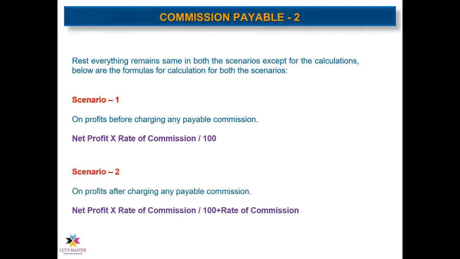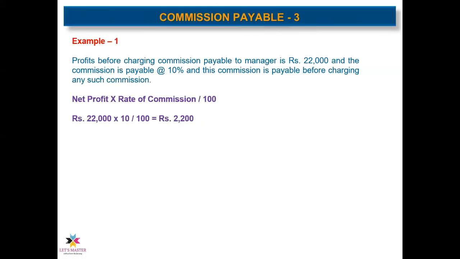And in the second scenario, when the commission needs to be calculated after charging any payable commission, the formula would be net profit multiplied by rate of commission divided by 100 plus rate of commission. To understand this concept better, let's look at an example.